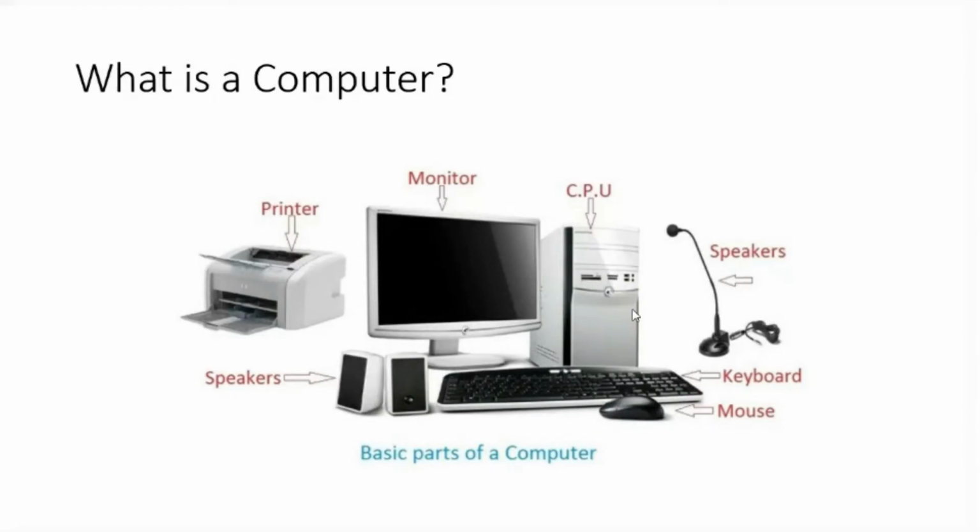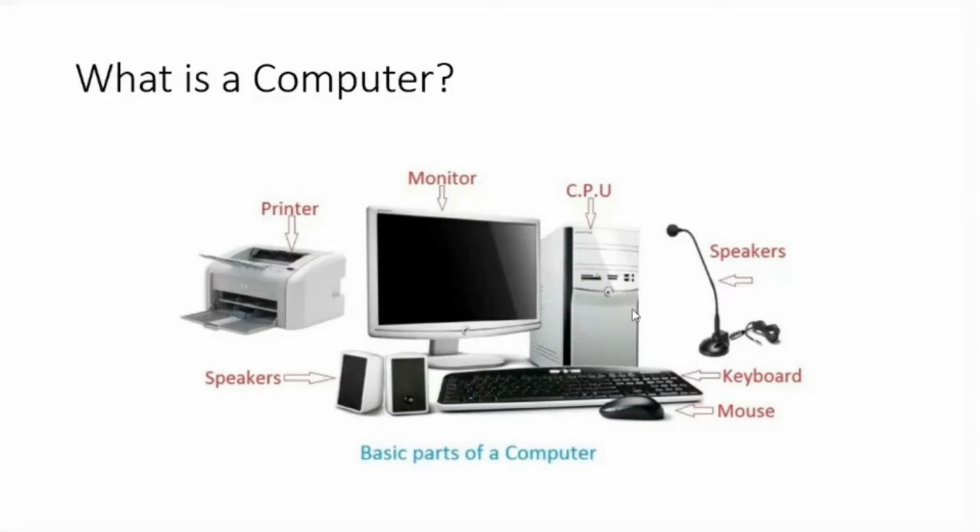Then where is the CPU located in the case of a laptop? Anybody? Motherboard. It's the motherboard. Where is it located? The motherboard is a part of the CPU. In the case of a desktop PC, it is a separate box. The motherboard, the processor, the RAM, the storage devices are in a separate box.